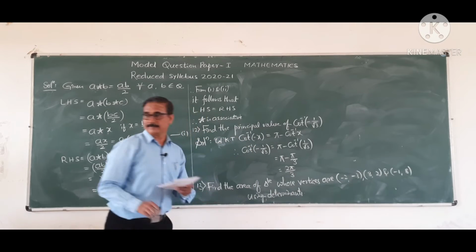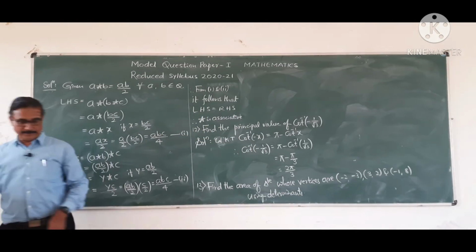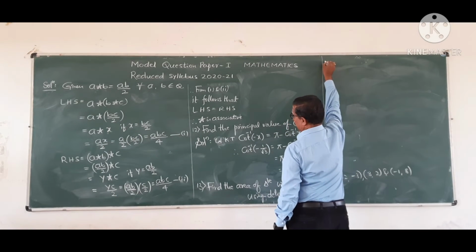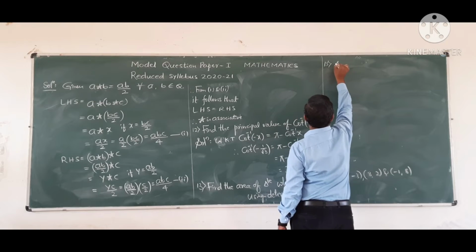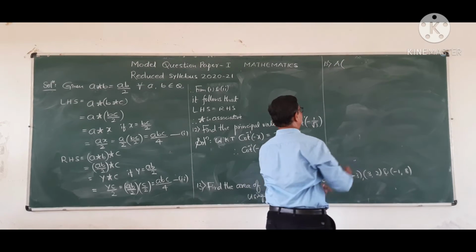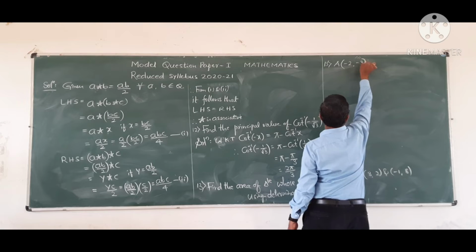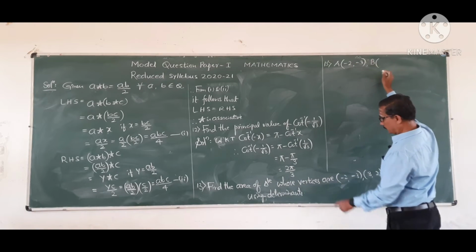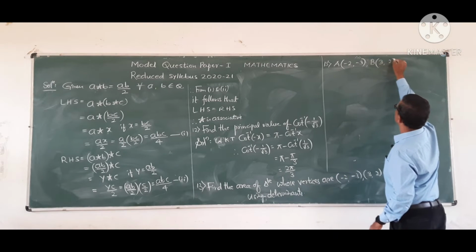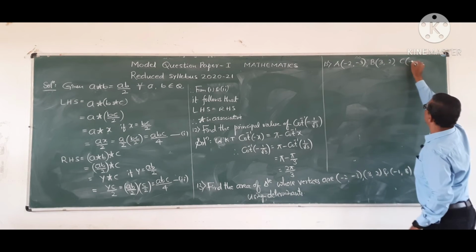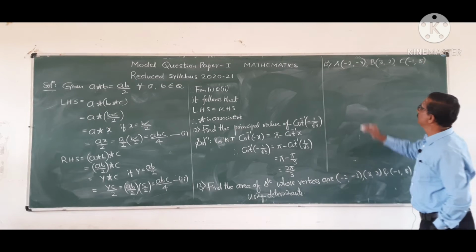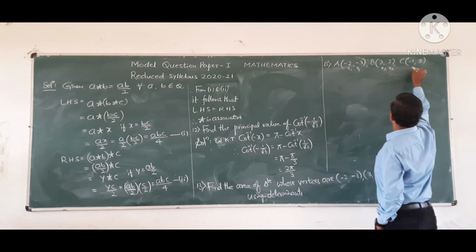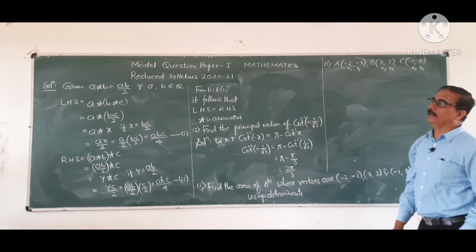Look here. That is the 13th problem. Let A be the point minus 2, minus 3, B be the point 3 comma 2, and C be the point minus 1 comma 8. Here call it x1, y1, here x2, y2, and here x3, y3.